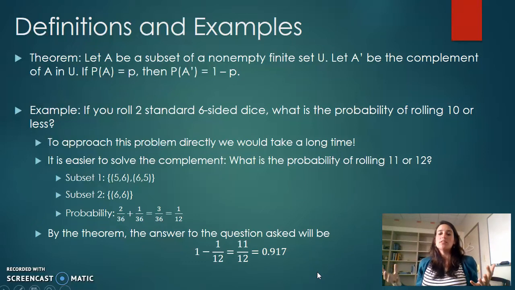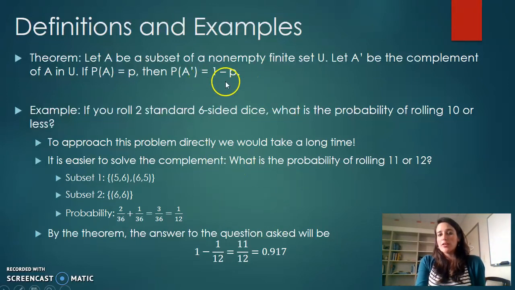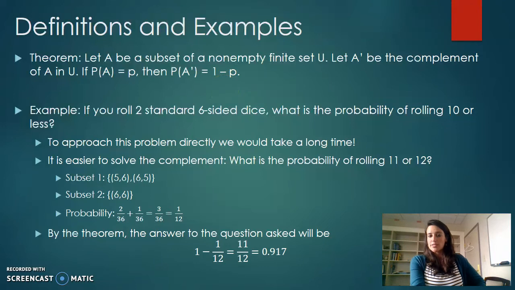Well, we know that percentages add up to 100%. So if we take 100% minus 91.7%, the complement would be everything left over. So that's essentially what we're doing here, but instead of percentages, we're working with fractions or decimals. So we're using 1 instead of 100%.